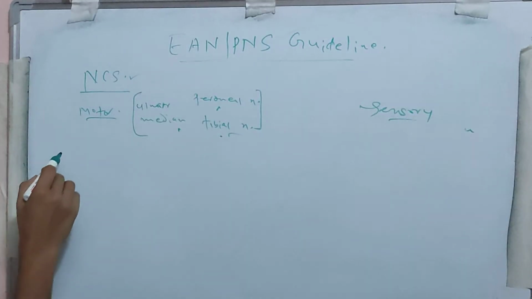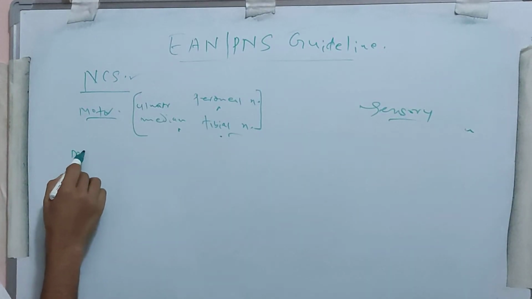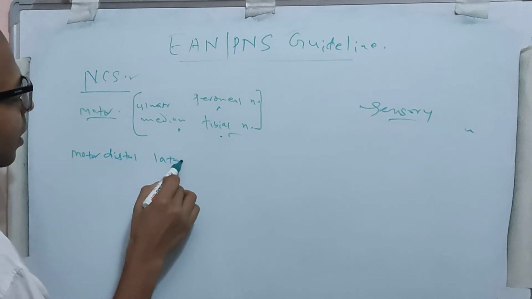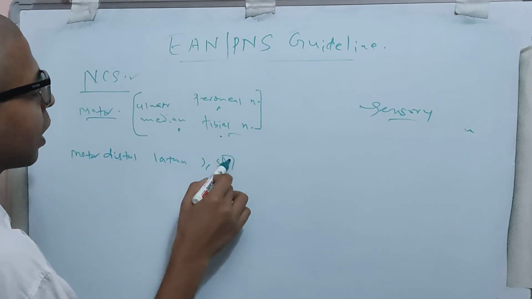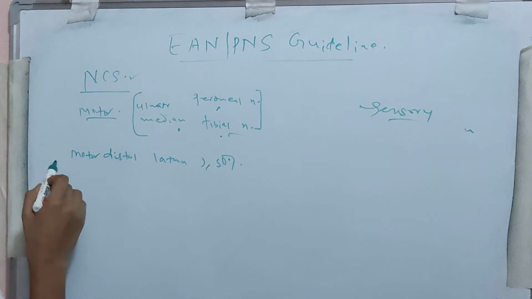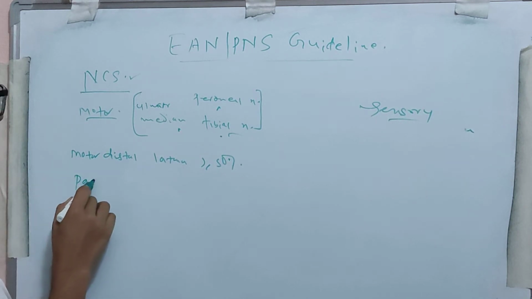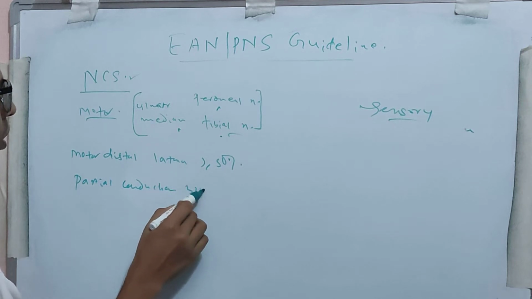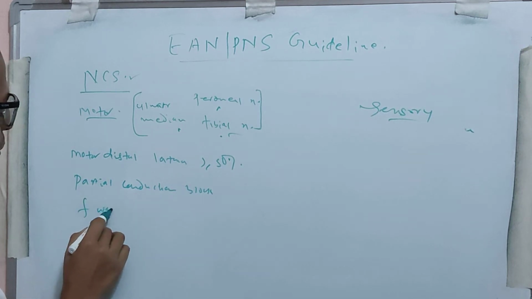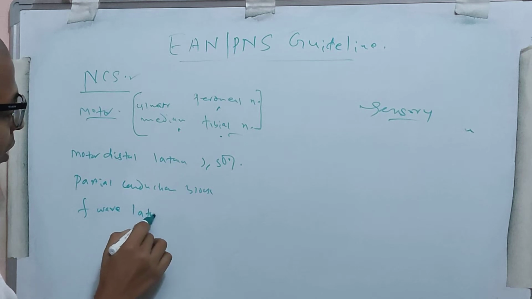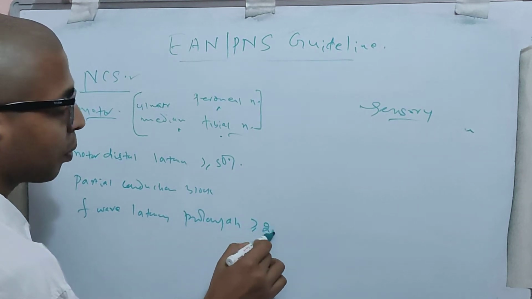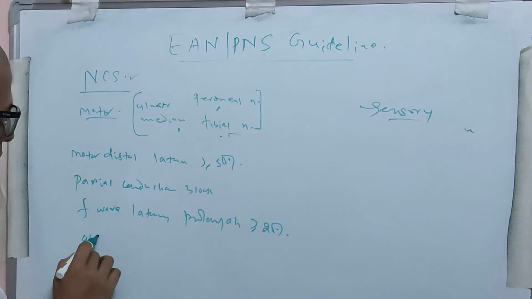So what findings can you get? Motor distal latency greater than 50% of the upper limit of normal, or partial conduction block, or F wave latency prolongation greater than 20% of the upper limit of normal, or absence of F waves.